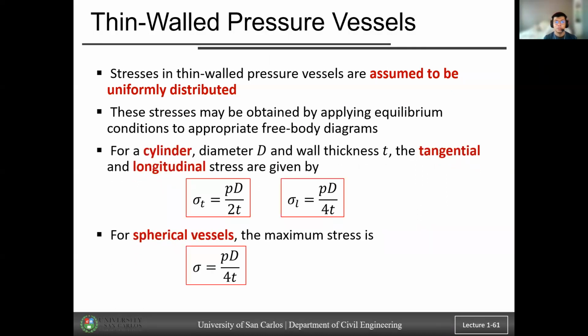Okay, so most likely in thin walled pressure vessels or in your tanks or in storage materials, the stresses are assumed to be uniformly distributed. So we assume this one because since the inside is liquid or gas, and then it creates equal pressure or forces.